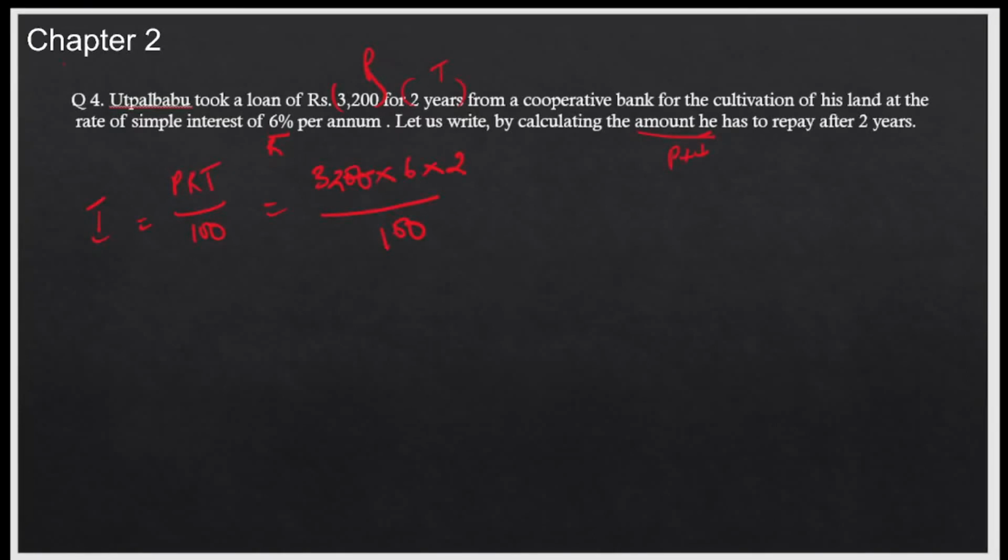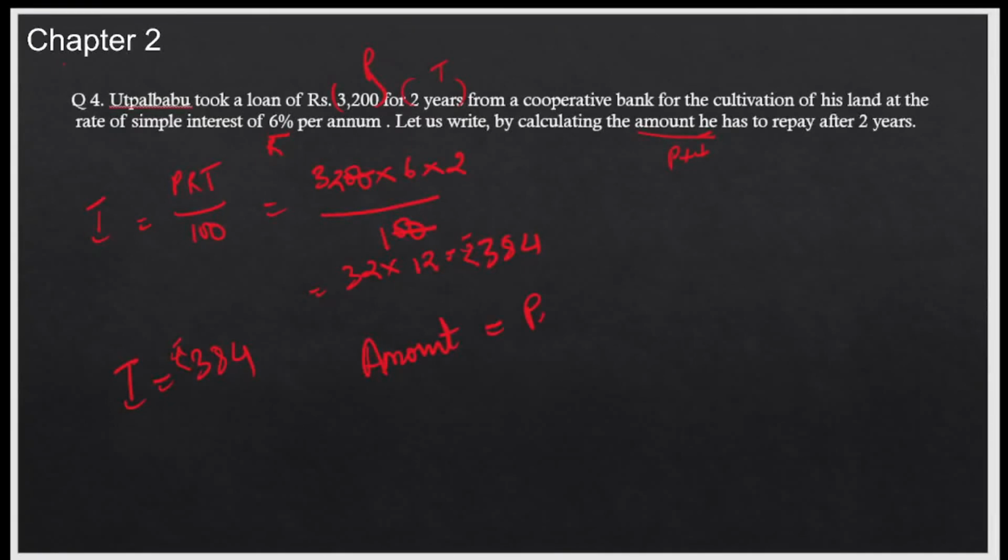So 0 and 2 zeros get cancelled. 6 times 2 is 12. So this is 32 into 12. 12 into 32: 12 times 30 is 360 plus 24, which is 384. Okay, 384 rupees. So the interest we got is 384 rupees at the end of 2 years, simple interest. Now I have to find the amount.